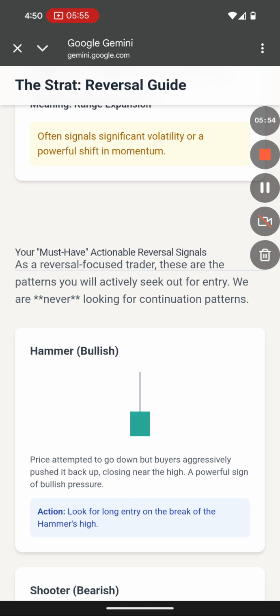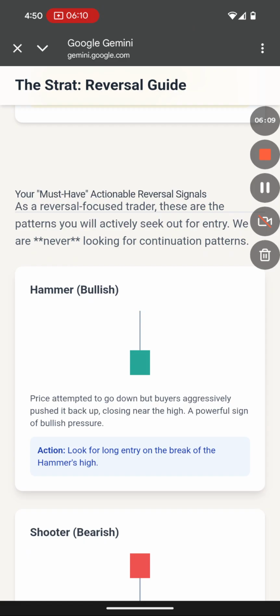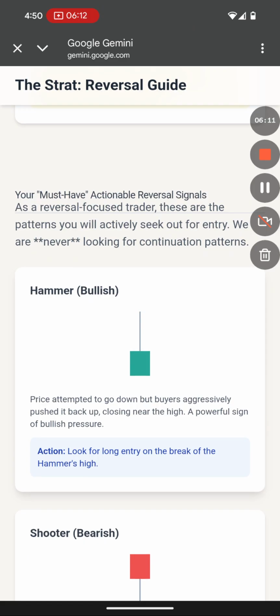Then you see a two down, two up candle off this bullish hammer. Now we're off to the races. We look for long entries on the break of a hammer's high.